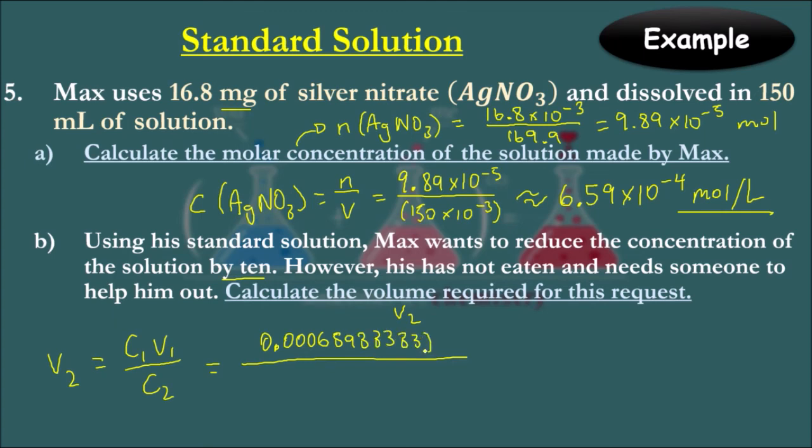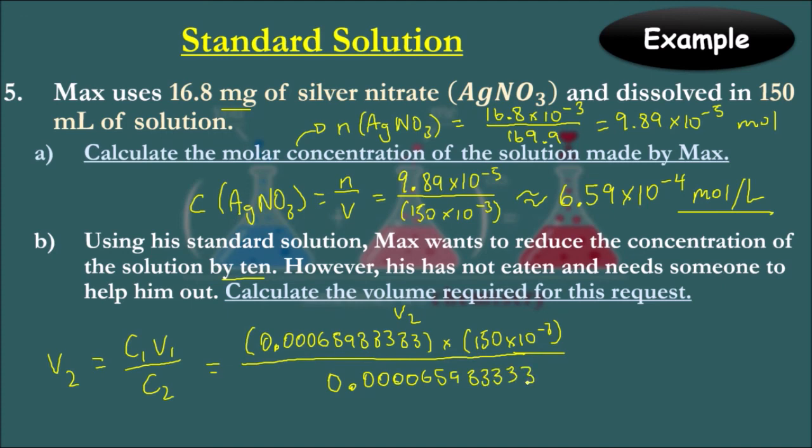I think that's enough threes, over like so. Okay, and then the volume we had was originally 150, and the concentration that we now have is 1/10 of this original solution. So if it's 1/10, we just increase the amount of zeros by 1, 1, 2, 3, 4, and we go from there.